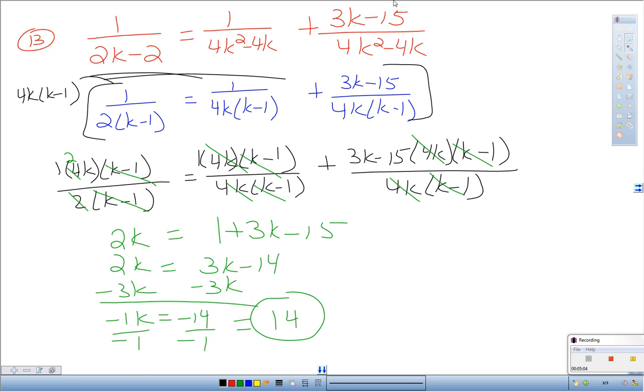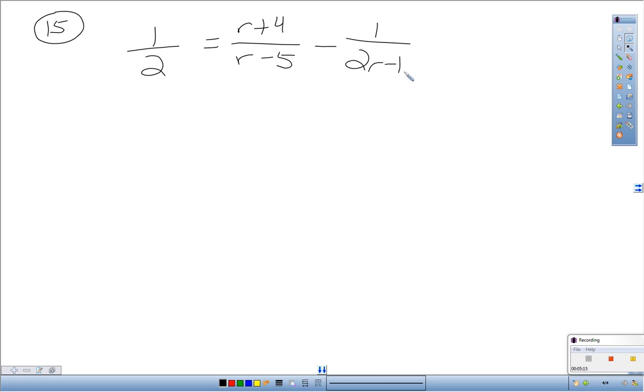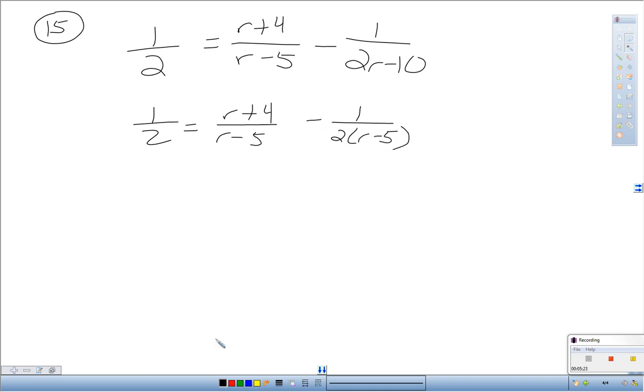All right, for number 15, it was similar. So I've got 1 over 2 equals r plus 4 over r minus 5 minus 1 over 2r minus 10. Again, I noticed that in the third fraction, I can take out a GCF of 2, leaves me r minus 5.